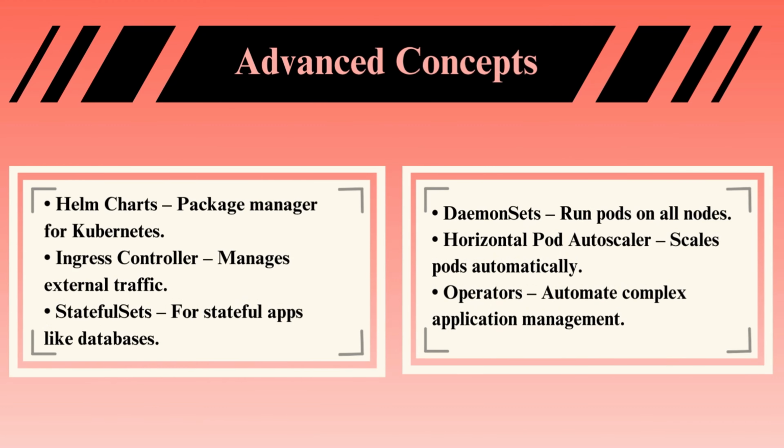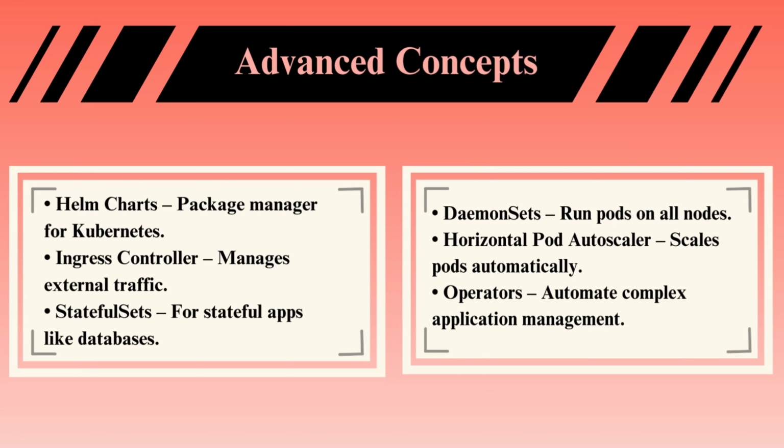Once you understand the basics, you can explore advanced topics like Helm charts. It's like a package manager for Kubernetes, like apt for Ubuntu. Ingress controller manages external traffic. Then we have StatefulSet for stateful apps like databases.